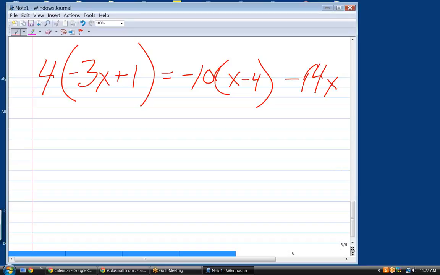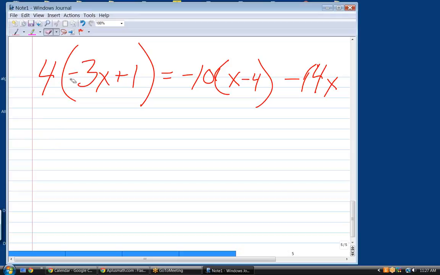Okay. We got some parentheses. What's our first goal? Yeah, get all the parentheses out of the way. Okay, how do we do it? Well, now hold on. Let's back up one moment here.